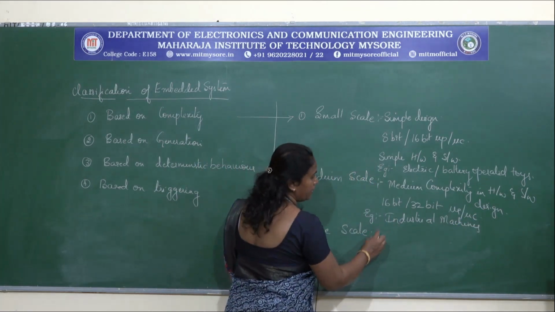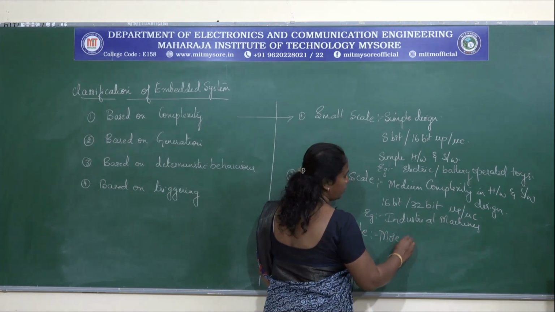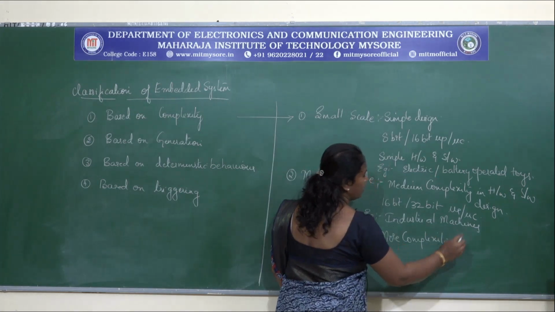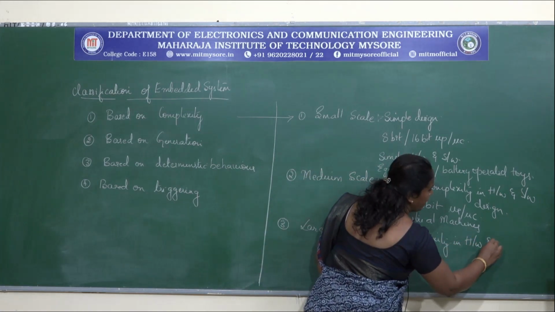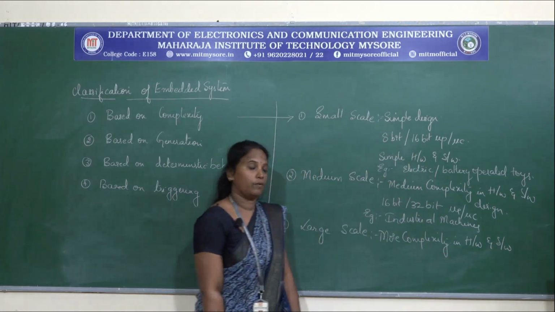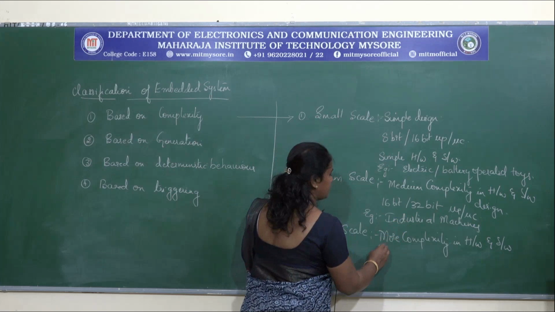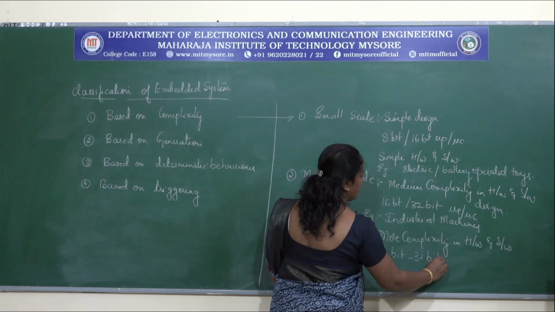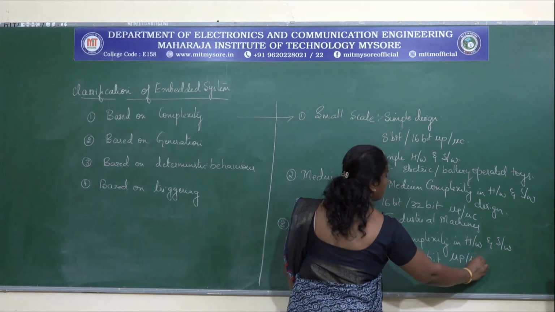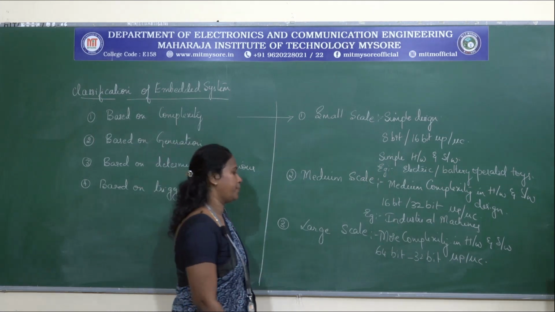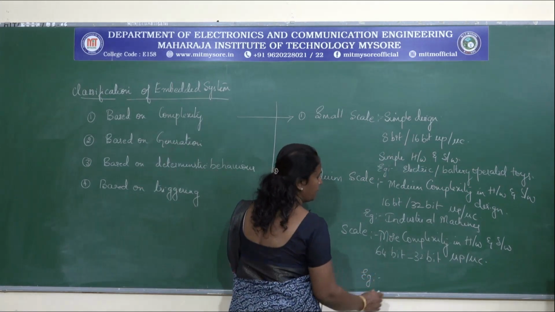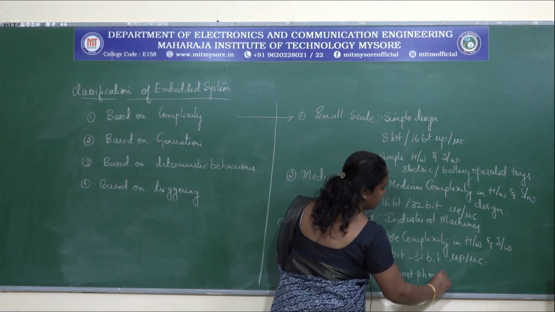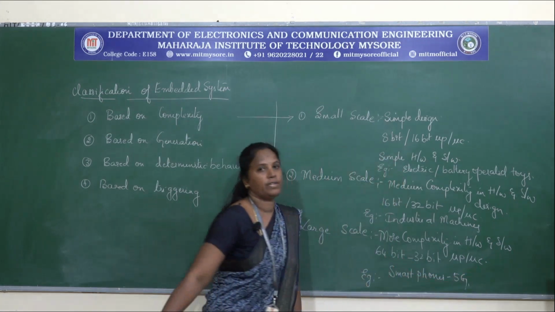Next is large scale, where we have more complexity involved in designing of hardware and software, and it is a 32-bit to 64-bit microprocessor or microcontroller, for example your smartphones, this 5G generation.